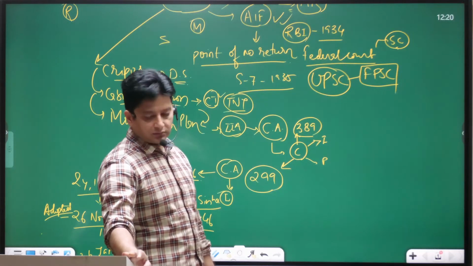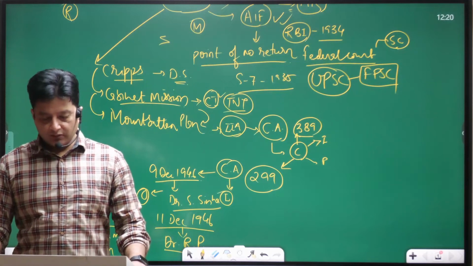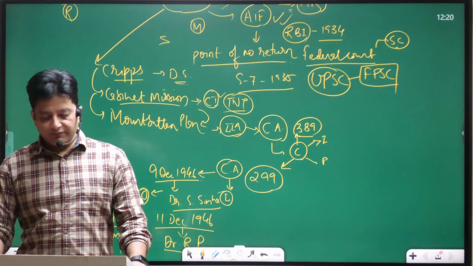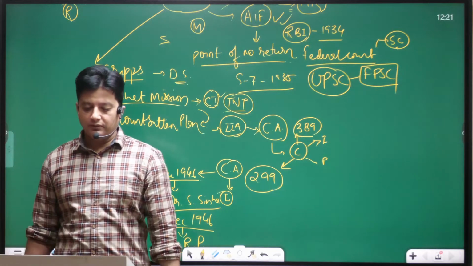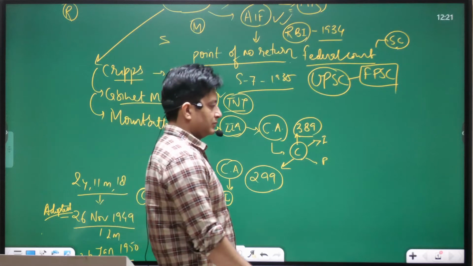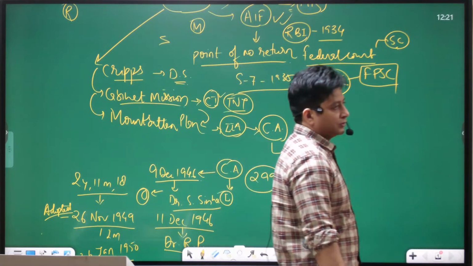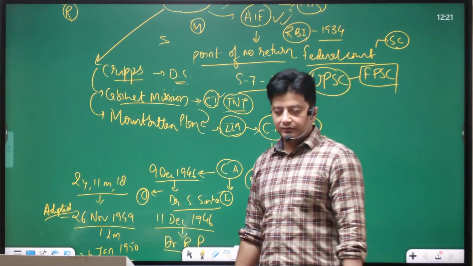Later on, it was left with only 299 members to frame constitution for India only.